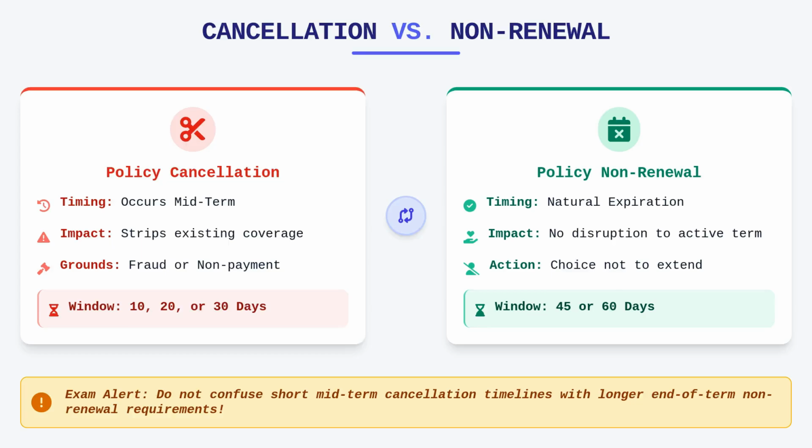Because non-renewals do not disrupt an active policy term, they're subject to entirely different notice intervals, such as a 45-day or 60-day window, depending on the type of property involved. Do not confuse the 10, 20, or 30-day midterm cancellation timelines with these longer, separate end-of-term non-renewal requirements when analyzing exam questions.